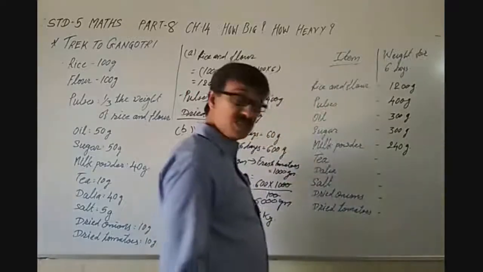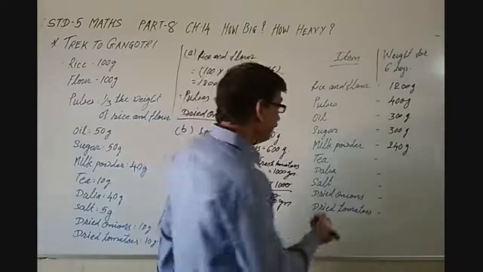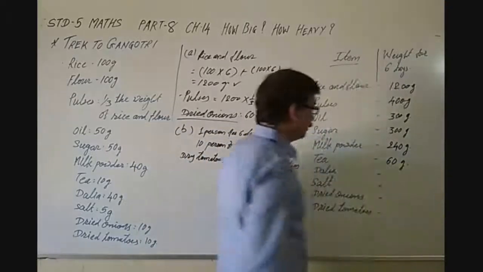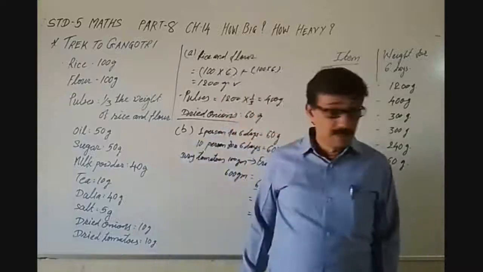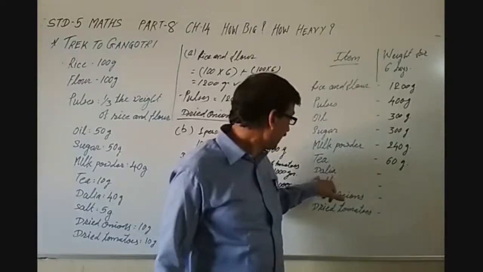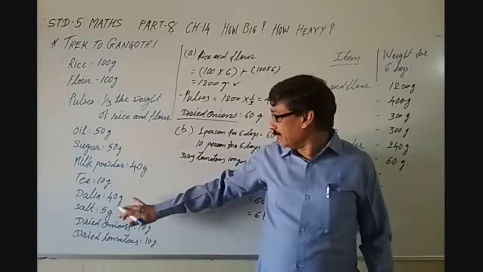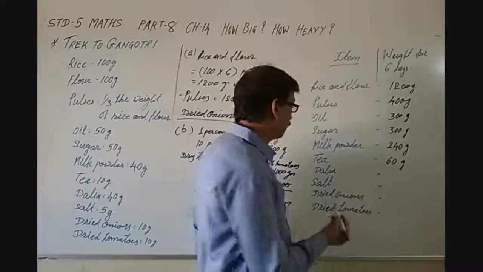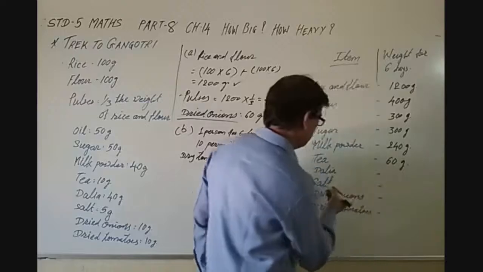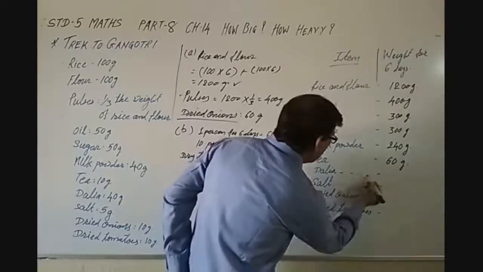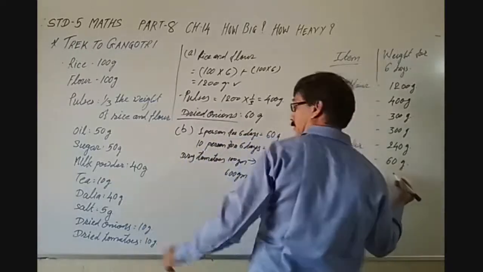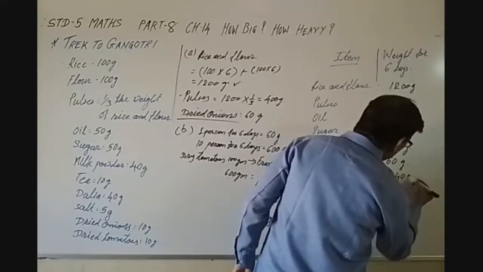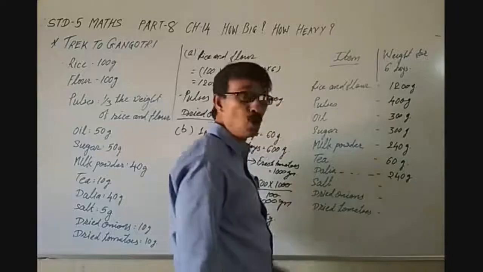So for 6 days it will be 60 gram, isn't it? Then it is dalia. Dalia is 40 gram. So 6 4s are 240. For 6 days the dalia is 240 gram, isn't it? Then salt.